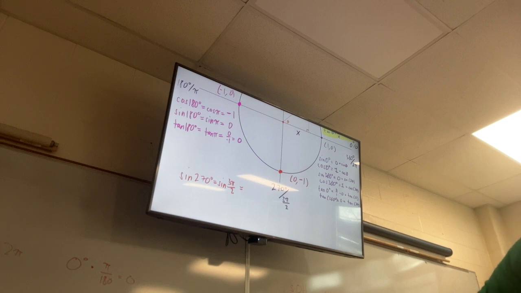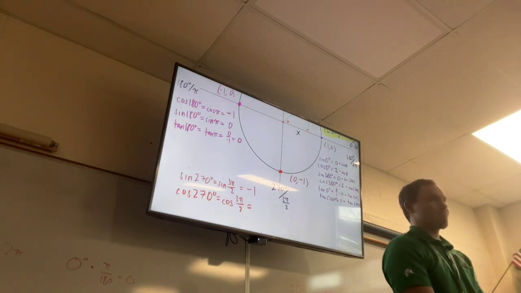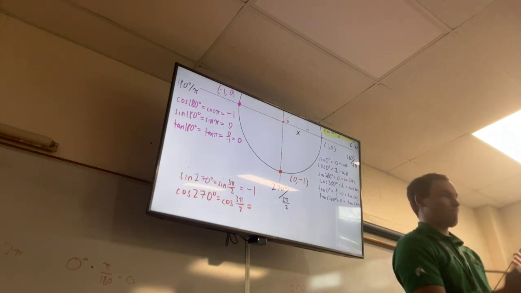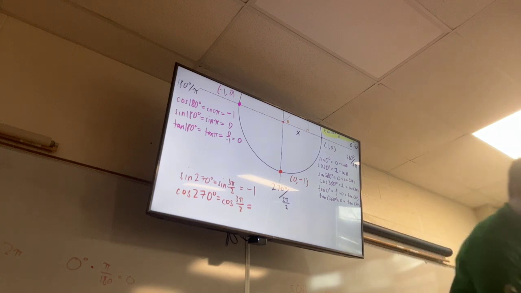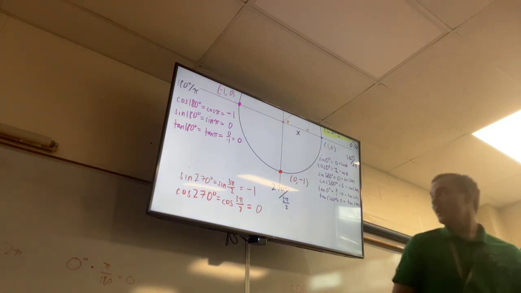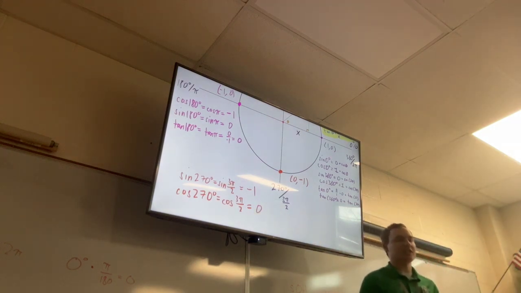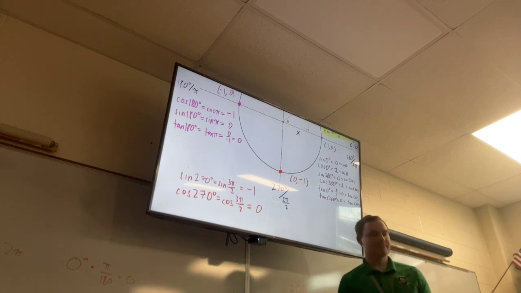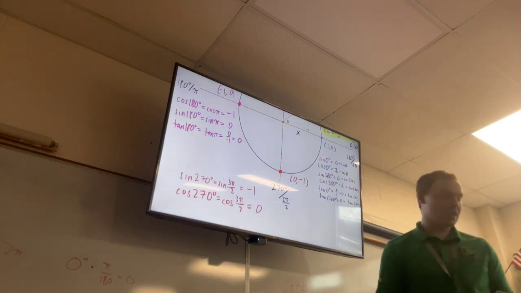Yep, so it's always going to be the same as the y-coordinate of that point. The cosine of 270 degrees, that's going to be the same as the cosine of 3 pi over 2. What's that going to be equal to here? What's my x-coordinate? 0, yep. Cosine is always your x-coordinate. Your y-coordinate is always your sine for your angle. Always your sine.